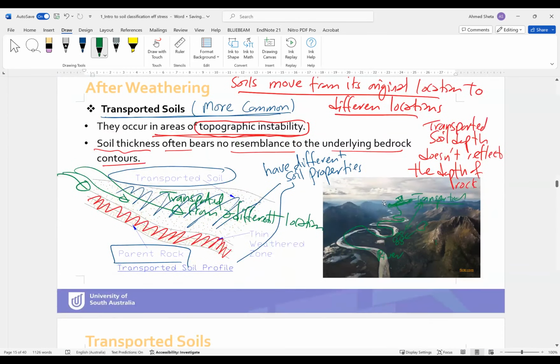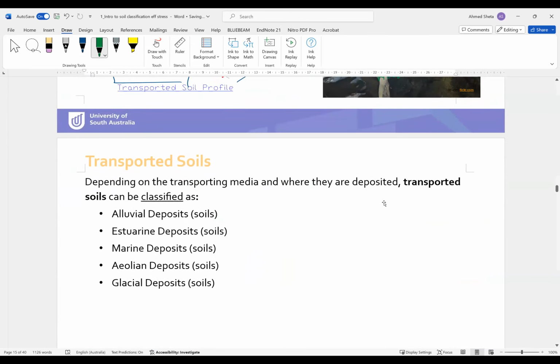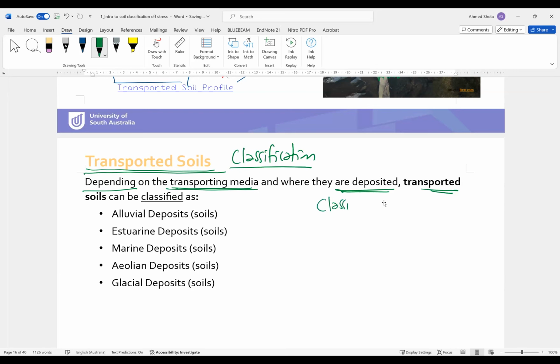There is another classification for transported soil. Transported soils are sub-classified depending on the transporting media and where they are deposited. So we have two criteria for classification of transported soil.